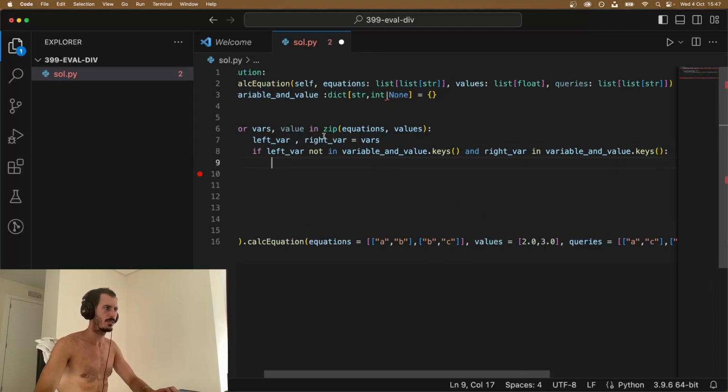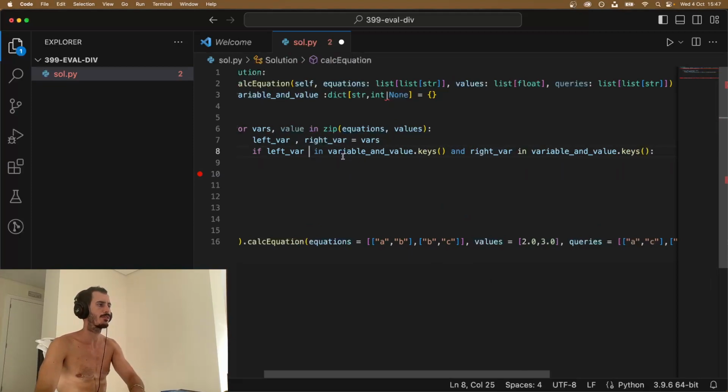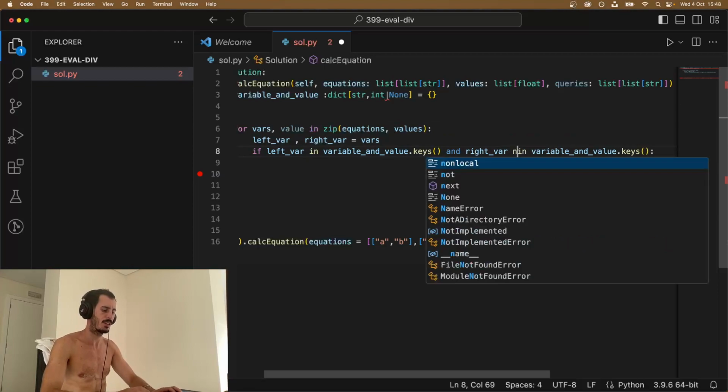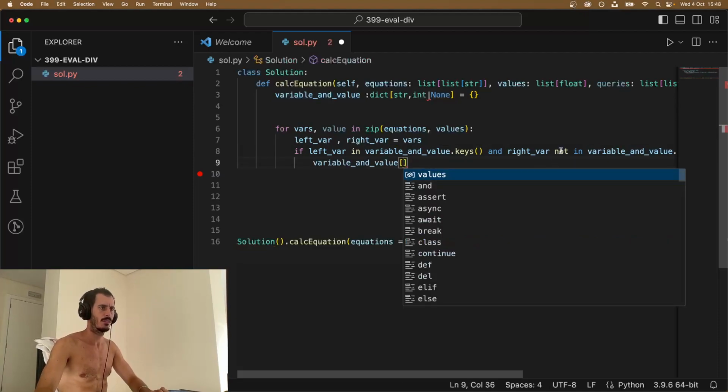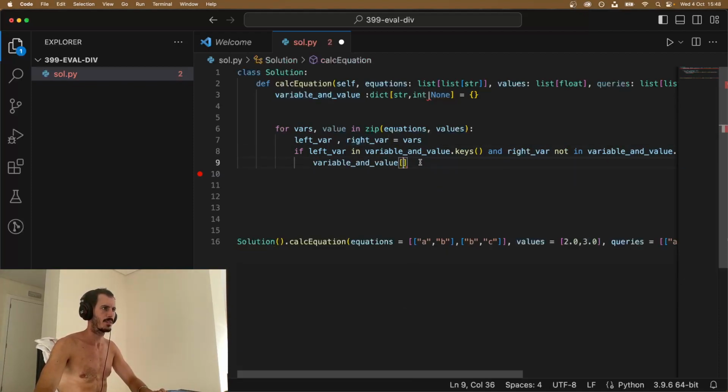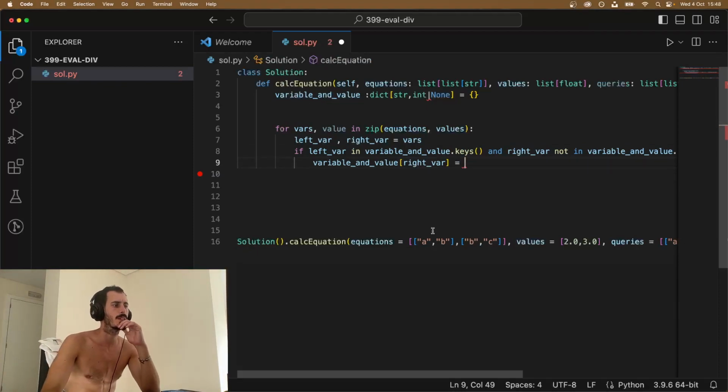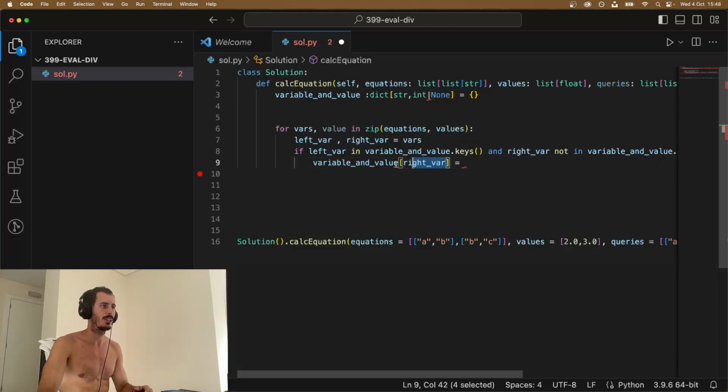So if the left var exists and the right var does not exist, we don't have the values yet, we can say that the value of the right var is equal to the value of the left var over the value.